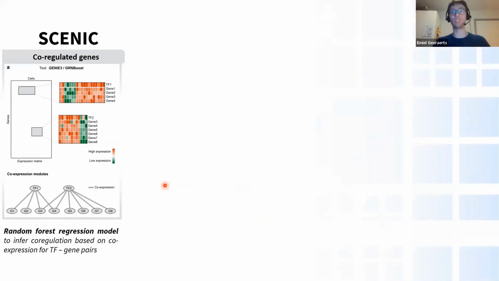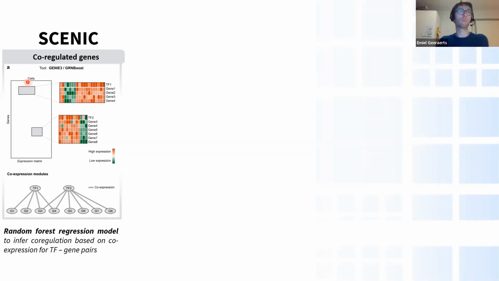So the tool is called Scenic. It has 3 main steps, and they address the key points that I highlighted first. So again, how does Scenic collect the co-regulated genes? How does it connect the transcription factors to the genes? To do this, it uses a random forest regression model, so a machine learning model, to infer co-regulation between transcription factors and expressed genes.